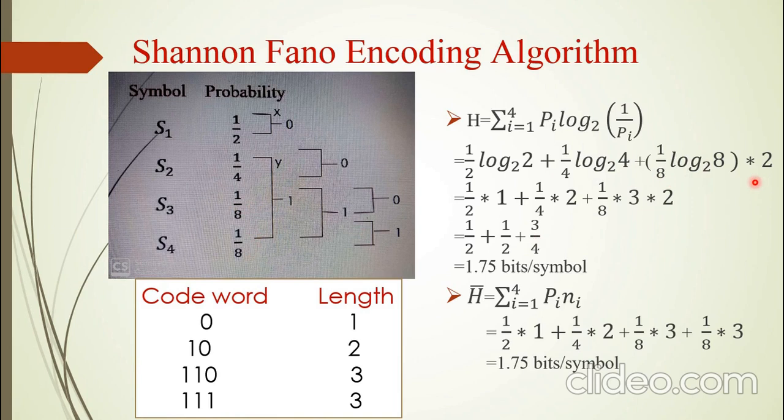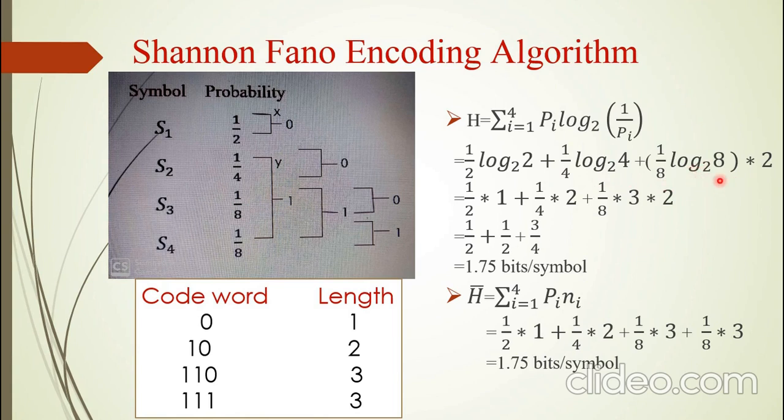So the result will be 1 by 2 log base 2 2 plus 1 by 4 log base 2 4 plus 1 by 8 log base 2 8 into 2, because that is happening 2 times.